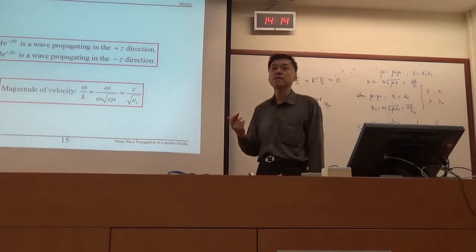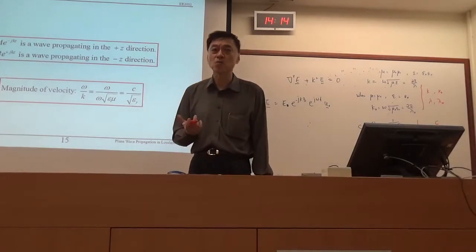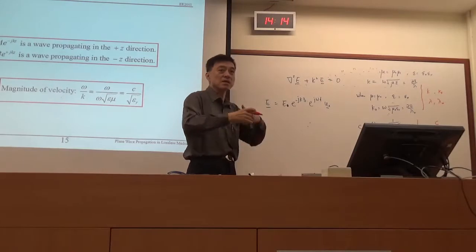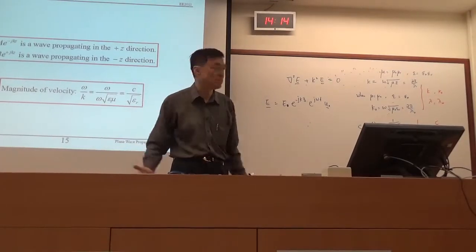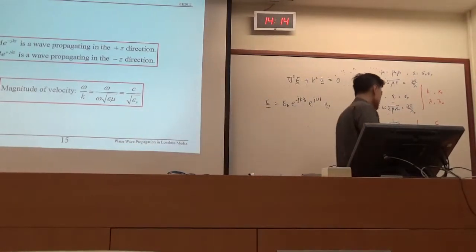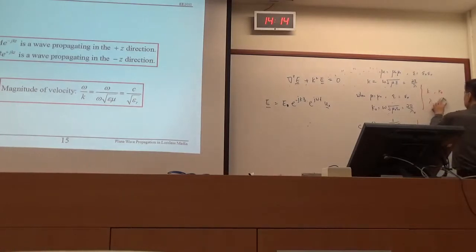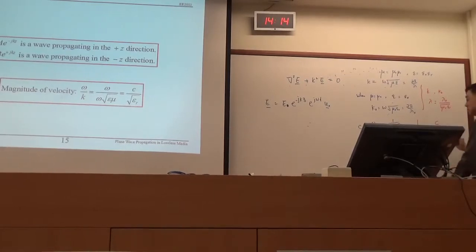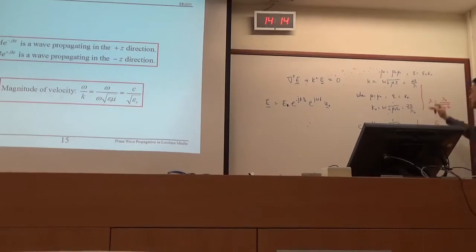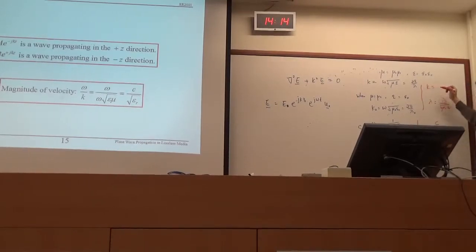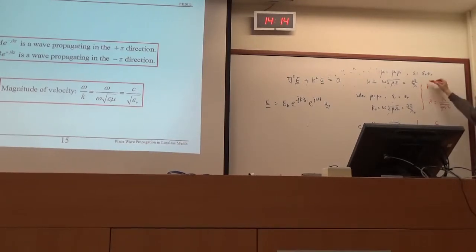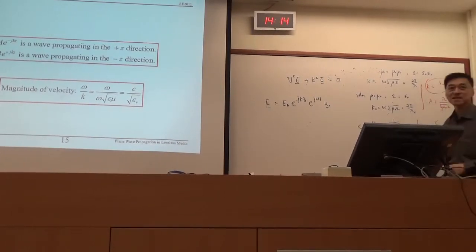Although a lot of the time we set μr equal to 1, because in a lot of media μr equals 1. And λ equals λ0 over √(μr εr). And what is k? k equal to k0 what? I'll leave it to you. Maybe I'll just set a class test on it.